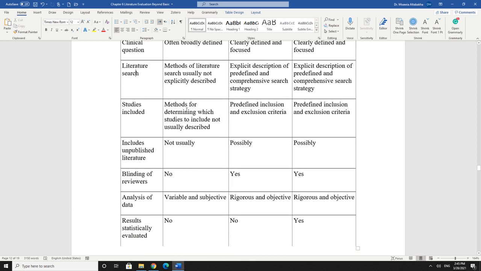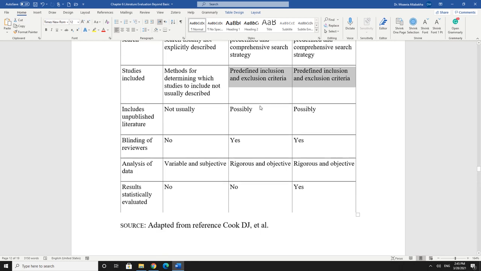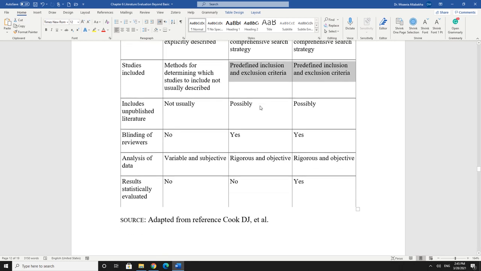Studies included: they don't say how they included the studies. So there is kind of bias here because it depends on the author. While in systematic reviews it's predefined what to include prior to starting to review the articles. They tell you which ones they will include, depending on the inclusion and exclusion criteria for the articles in their study.